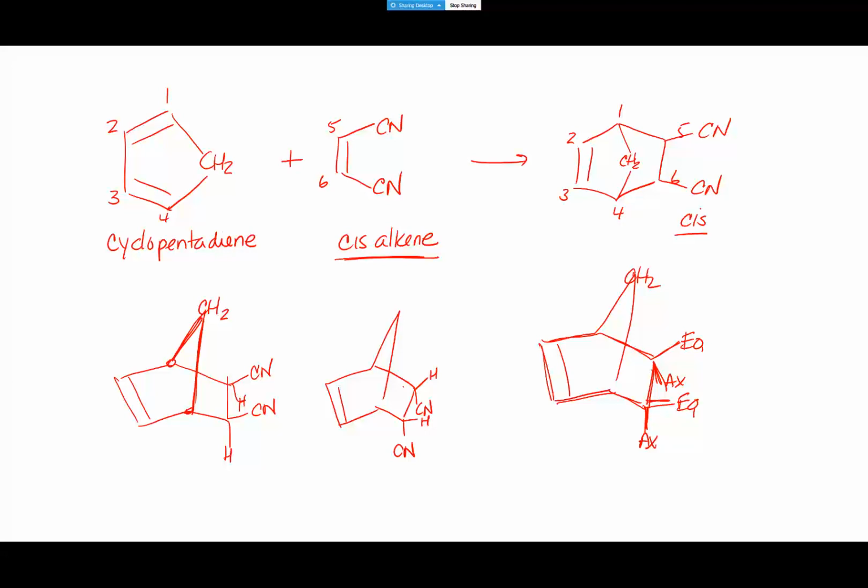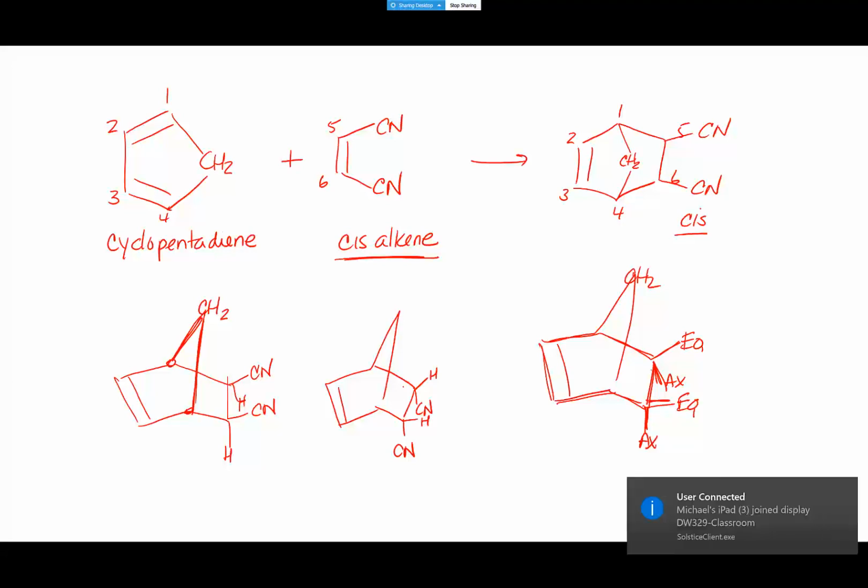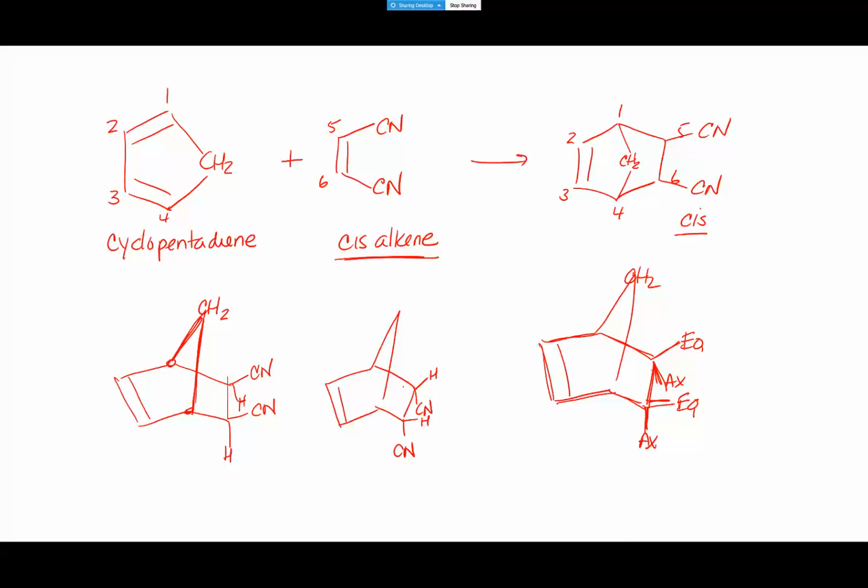We're not seeing that. Too much technology. Now I got multiple screens.